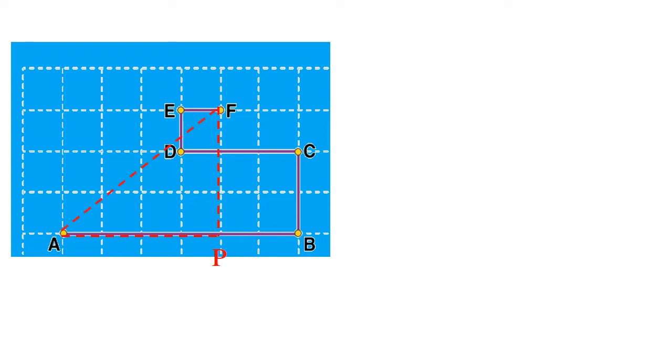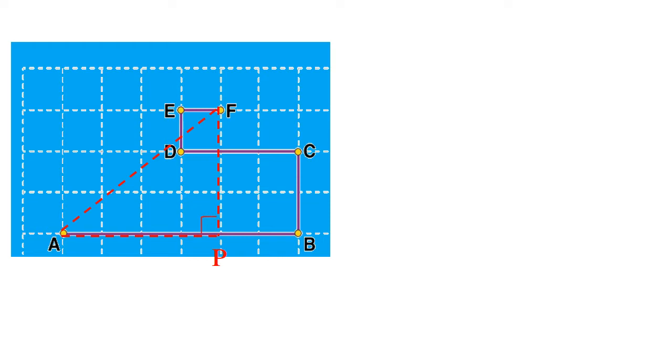Yes, this is the minimum distance. So here this is a right angle triangle, triangle APF. So according to Pythagorean theorem, AF is the hypotenuse. So AF is the minimum distance. So from A to F we get displacement.